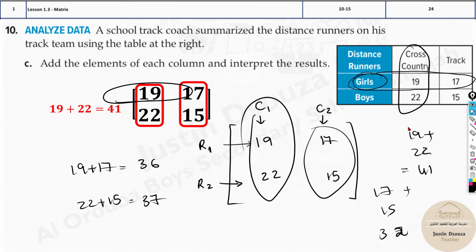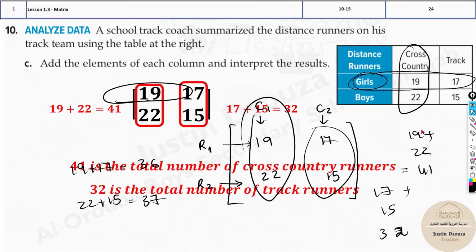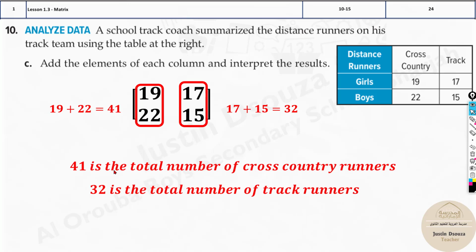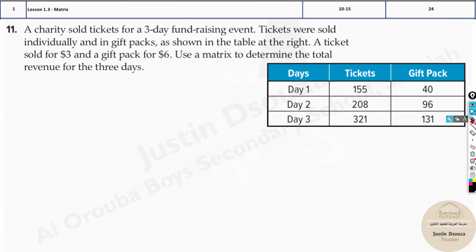That's what we come to know over here, 41 and 32. So this is all selecting, you will have 4 options. Basically they might just tell you to interpret row 2 or column 2. So you need to tell it's 32 that is the total number of track runners. That's it.